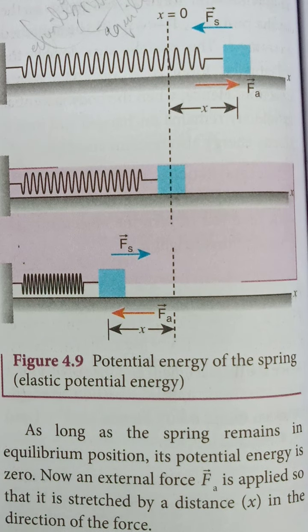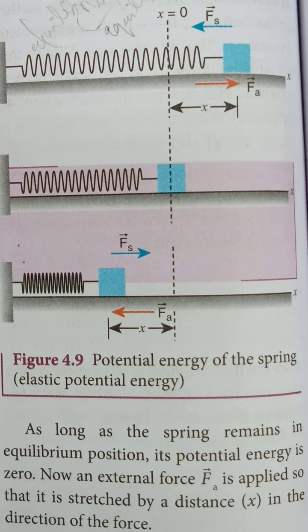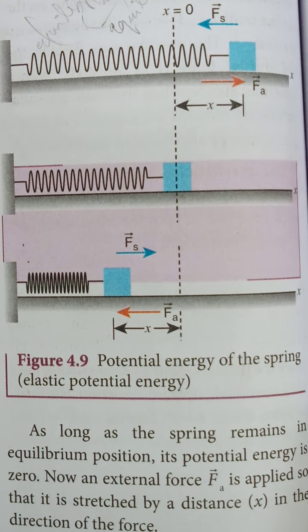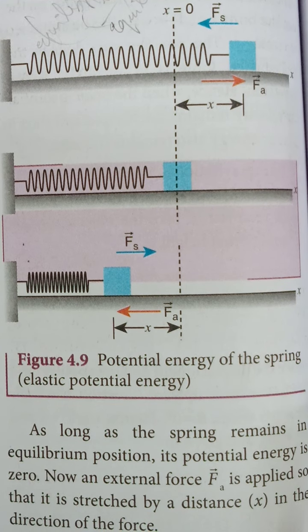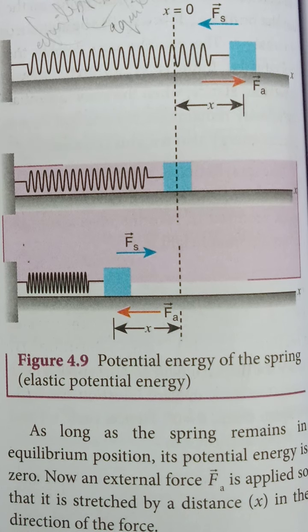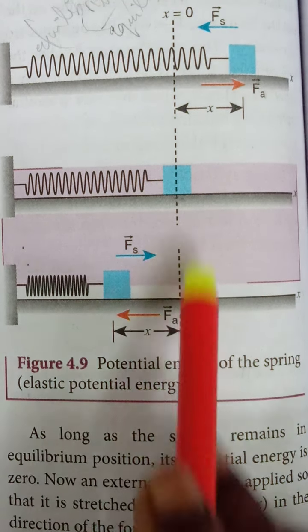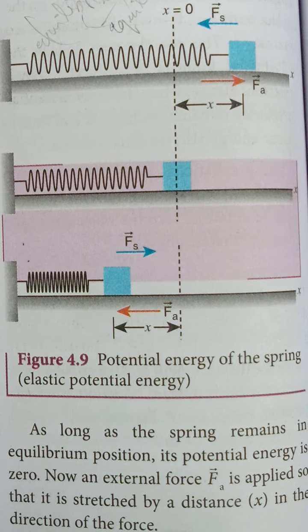Now we know Hooke's law, which we will study in detail later. Hooke's law states that within the elastic limit, strain is directly proportional to stress. The formula is Fs is equal to minus K into x. Here K is called the spring constant.